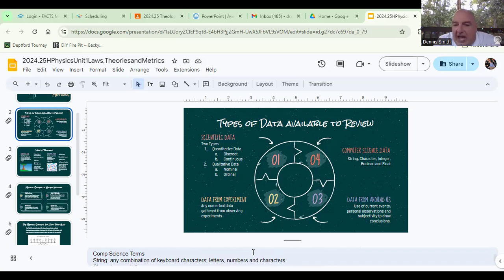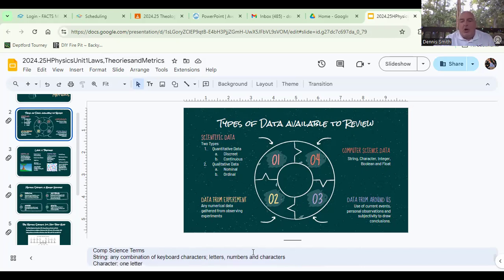And then the fourth type of data that we have available to us to review is computer science data. Okay, and that's this. Computer science terms are strings, which is a combination of keyboard characters, letters, numbers, symbols, and things of that nature that are put together. That's what a string is called. A character is just a single one letter, one thing. Could be one symbol, could be whatever.